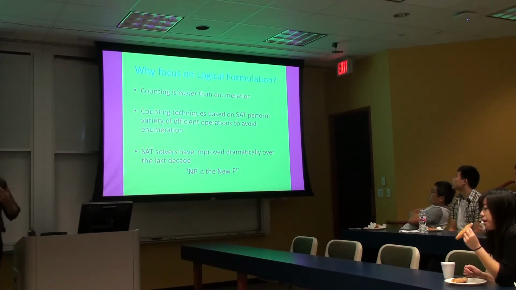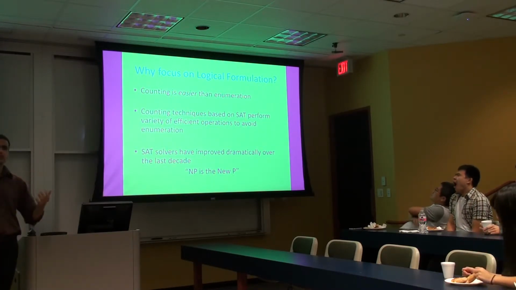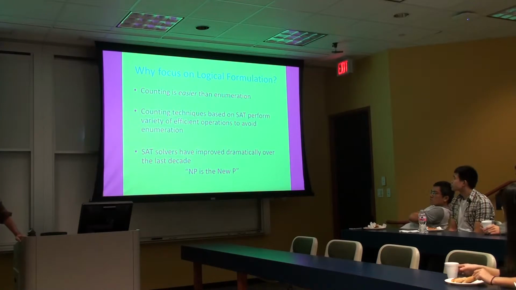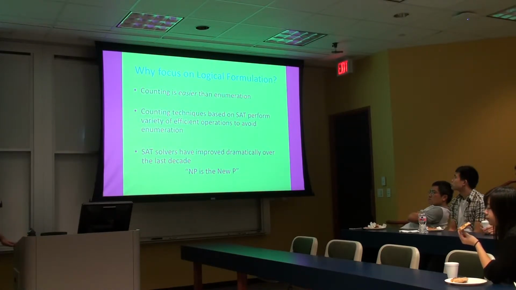One, counting, as opposed to the other technique we were talking about, enumeration, where we were trying to enumerate all possibilities. But in the complexity theory sense, counting is considered easier than enumeration. The reason I have italicized this is that there are quite a few complexity questions which are still not resolved. We don't have to go into those details, but usually we find that counting is, in the complexity sense, considered far easier than enumeration.